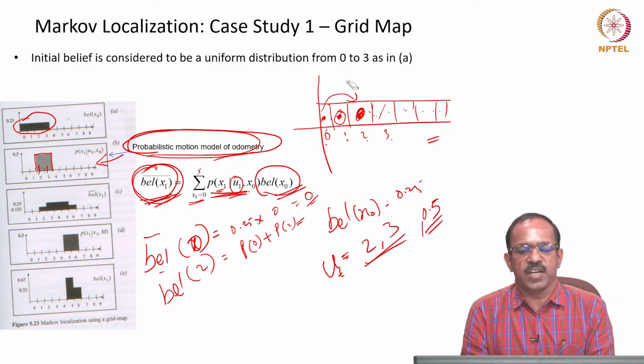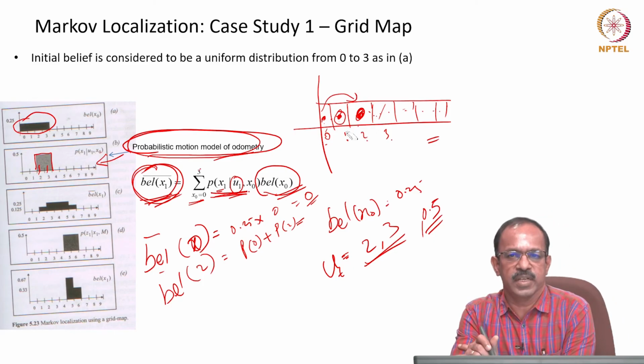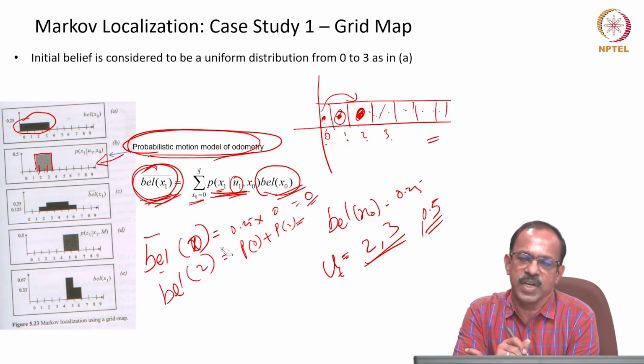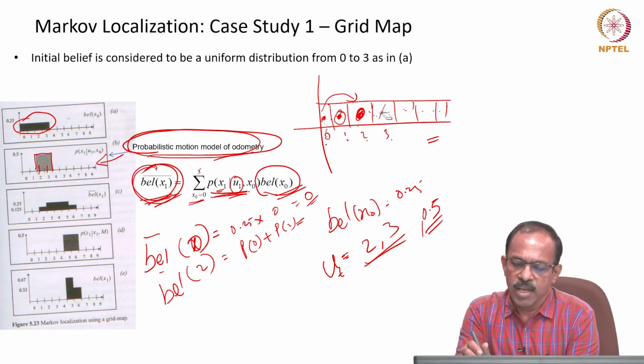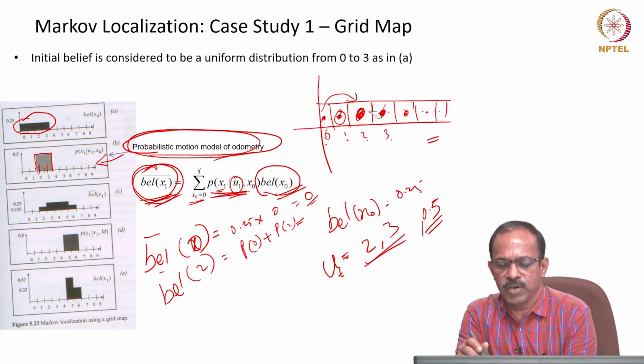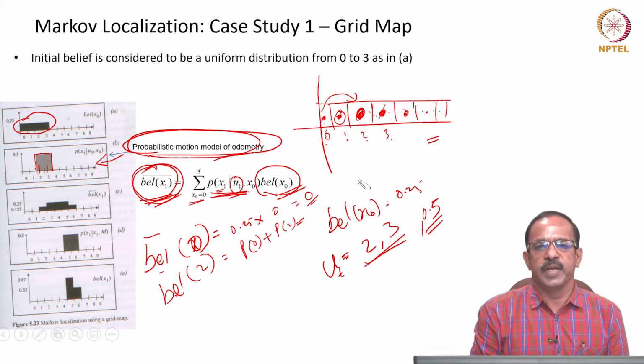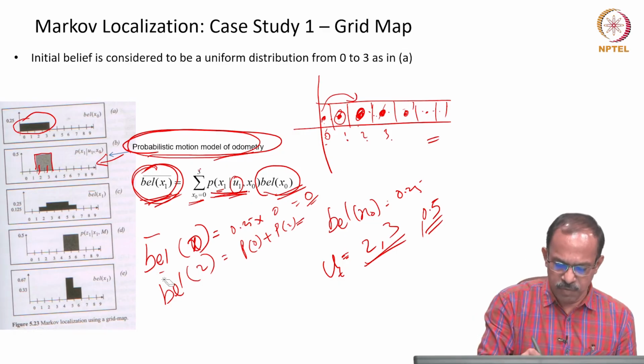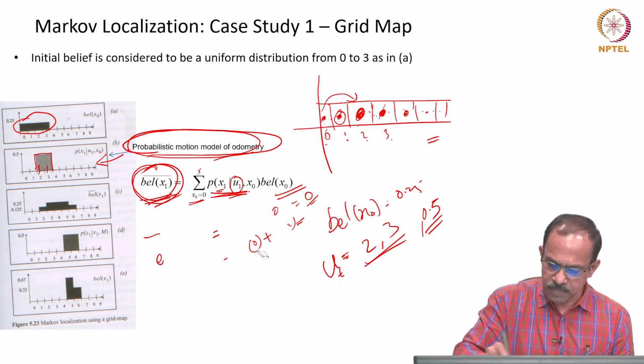That is the only condition under which you can actually get the robot at grid 2. So, we will try to find out what is that probability. Similarly, we try to find out the probability that the robot is at 3, at 4, and like that we get the probability estimates. So, this is what we actually do to get the estimates.